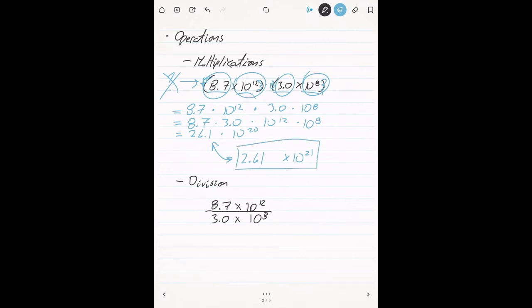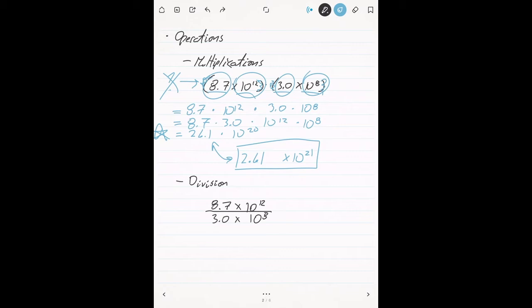Now, this is going to be a very common occurrence when you're multiplying or dividing. Your answer that you get might not necessarily be in scientific notation. You have to check to make sure, and if it's not, you need to put it into scientific notation, okay? Here we saw that the number wasn't between 1 and 10, so we moved the decimal place over. And if we move the decimal place, we got to change the exponent, okay? So that was the example of multiplication.